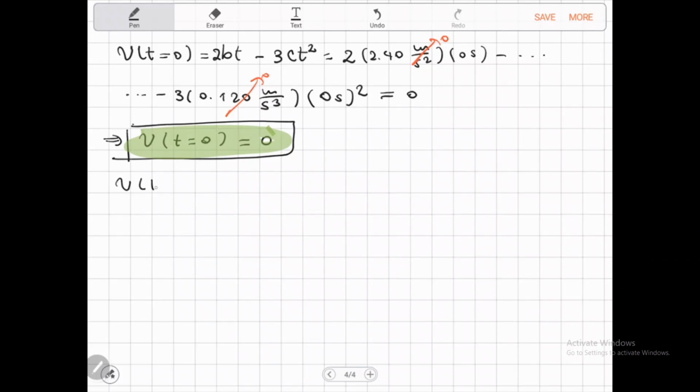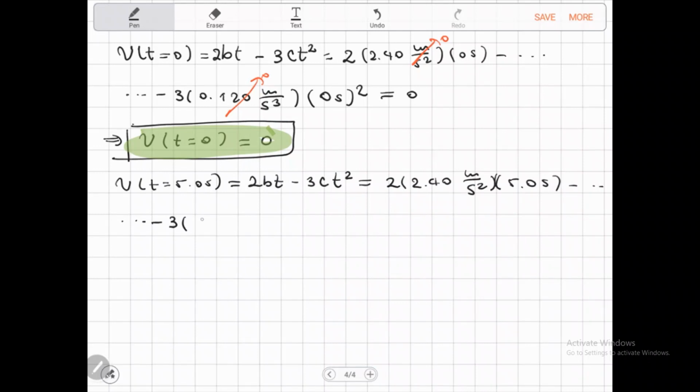V when t is equal to 5 seconds, we have here that this is equal to, using the same formula, 2bt minus 3ct squared, and in this case we have 2.40 meters per second squared, multiplying by 5.0 seconds minus 0.120 meters per second cubed, multiplying by 5.0 seconds squared.